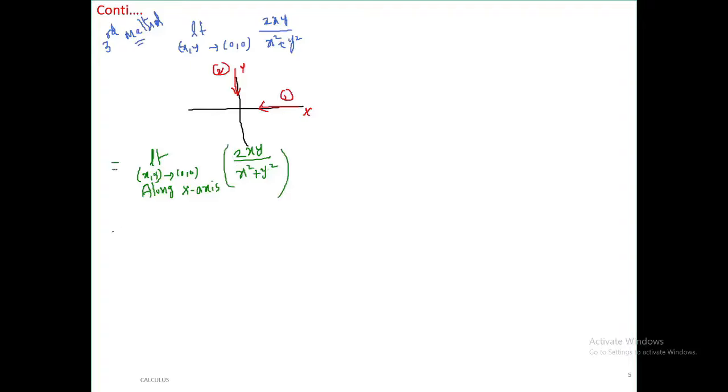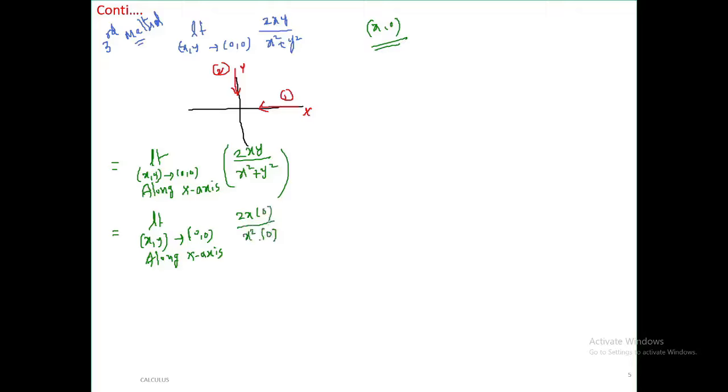Now along x-axis means now your path is x-axis. Now any of the points on x-axis will look like x comma 0, right? Any point on x-axis, because y coordinate is absent. So therefore here y coordinate is absent, therefore 2x into y is 0, I am substituting directly.